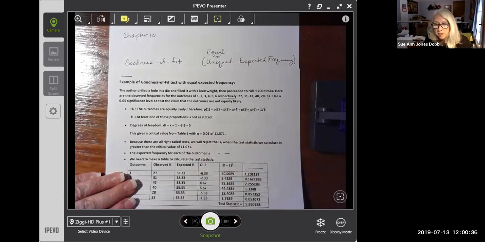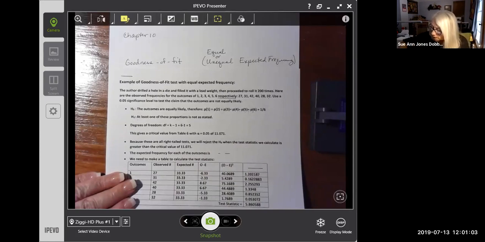Now, to do this by hand, you also have to consider degrees of freedom, because your calculated critical value is a chi-square critical value, which is a distribution that we haven't really talked about. I'm not going to talk about it very much here except to explain to you how to read this table, which is table 6.